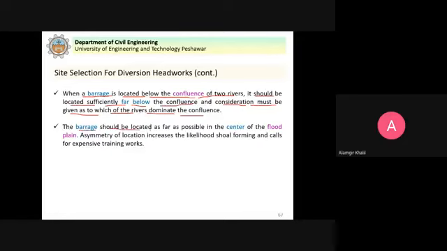The barrage should be located as far as possible in the center of the floodplain. Asymmetry of location increases the likelihood of shoal forming and calls for expensive training works. Shoal forming, because you see here, this is the river here, and we have this barrage we construct.